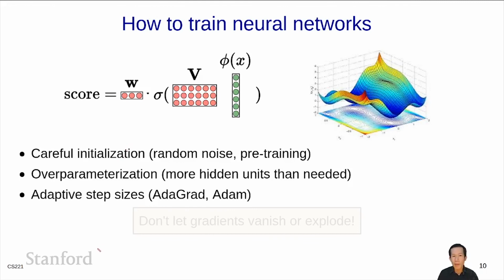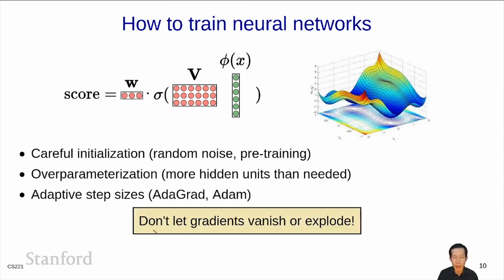Okay, so one high-level thing to keep in mind is don't let your gradients vanish or explode. If I explain this, it will become clear. When you run gradient descent or stochastic gradient descent, if your gradients vanish, which means they become too small or close to 0, then you'll get stuck and you won't make progress.